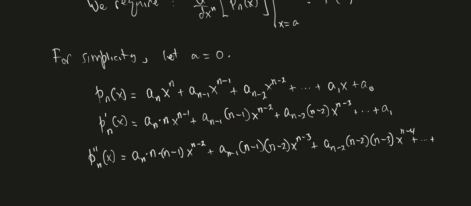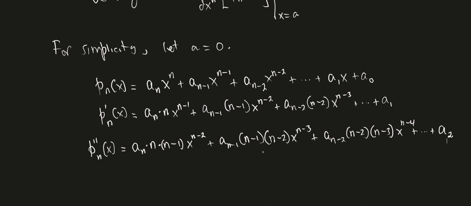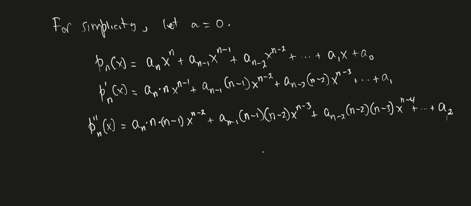In the original polynomial, you go down to a sub 0. In the first derivative, you go down to a sub 1. In the second derivative, you're going to go down to a sub 2, right? The coefficient of the term that was right before this one. So if you notice what happens, each time, and let's focus on this higher power term now, each time I differentiate it, I would just bring down the original power.